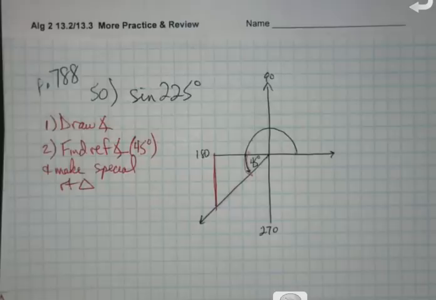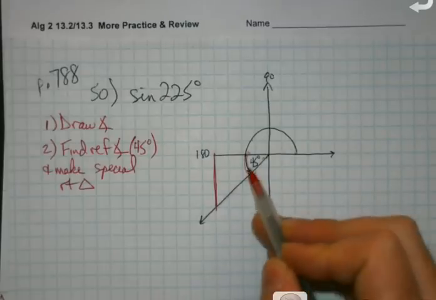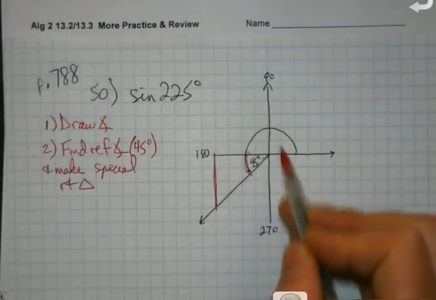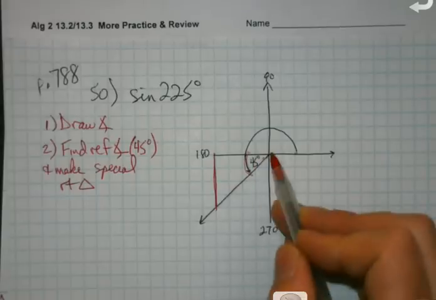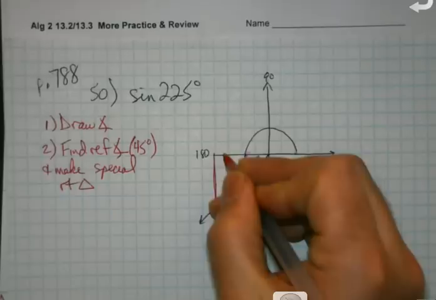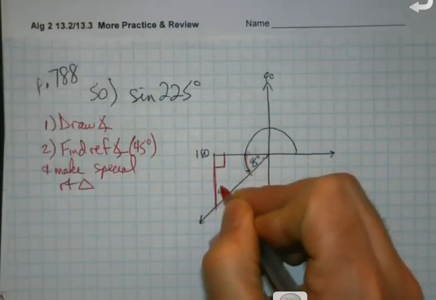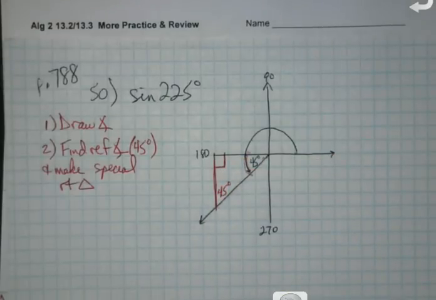Your triangle always is going to have a side that is the x-axis, whether it's on the positive or negative side, because your reference angle is always going to be right around the origin. So I know this is 90 and that this is going to be 45.